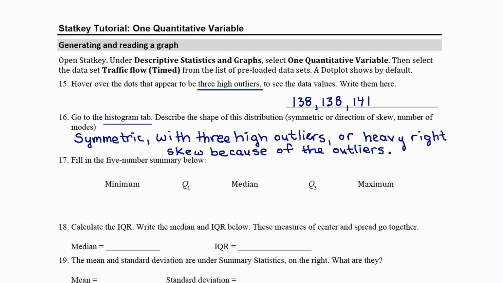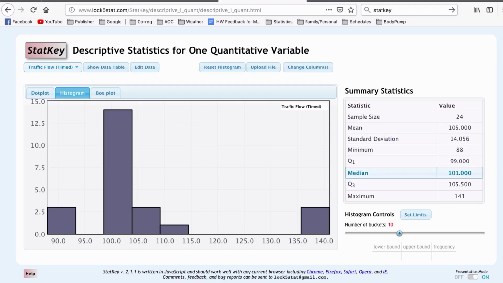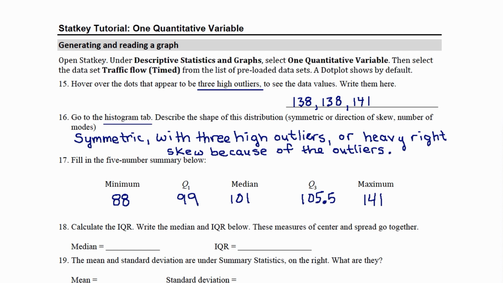We can find the 5-number summary over here under Summary Statistics: minimum, Q1, median, Q3, and maximum. All we need to do is write these values down. So our 5-number summary goes 88, 99, 101, 105.5, and 141, just copying those numbers down.